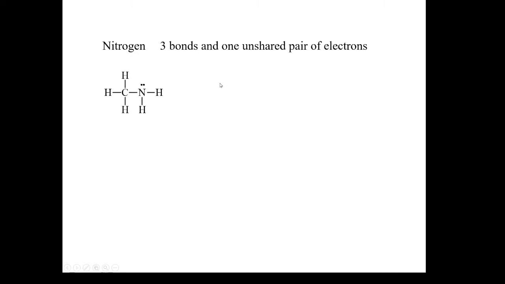Nitrogen, when we start talking about amines in nomenclature, wants to make 3 bonds. Nitrogen prefers to have 3 bonds and a lone pair on it, just like we see in ammonia. Can it make a 4th bond? Sure, it can make a 4th bond using both electrons from nitrogen. We call that a coordinate covalent bond.